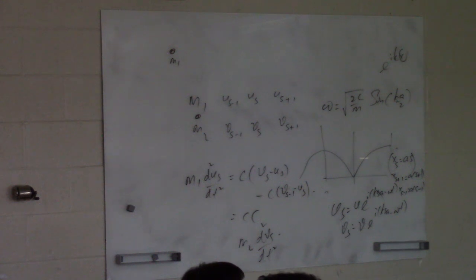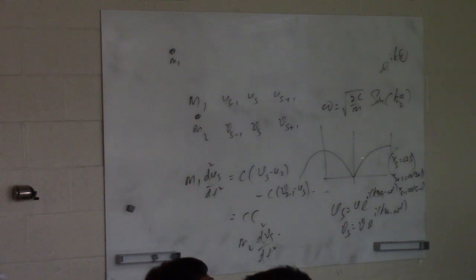But if you calculate when Ka goes to pi, these are the two numbers you get. One is 2C over M2, the other one is 2C over M1. We'll say M1 is larger than M2. There are two masses, right? If M1 is larger, this number is smaller.